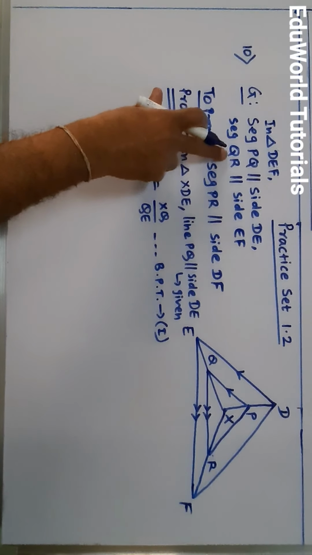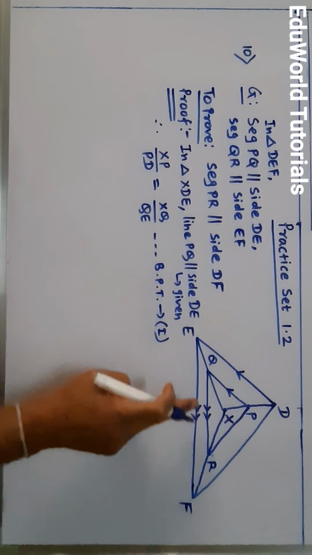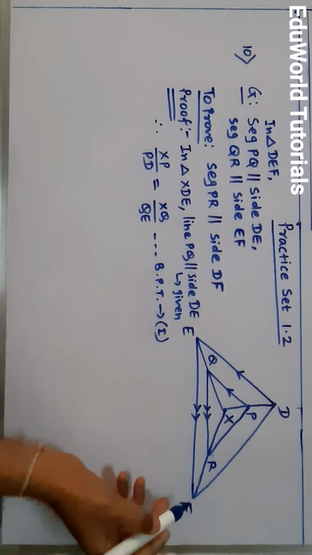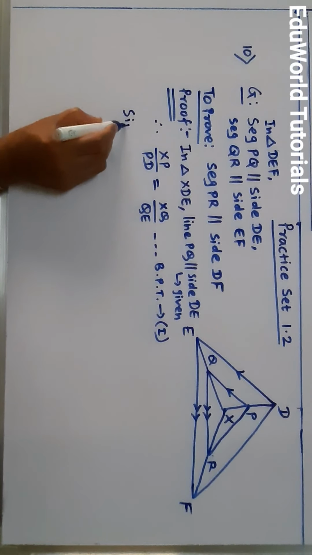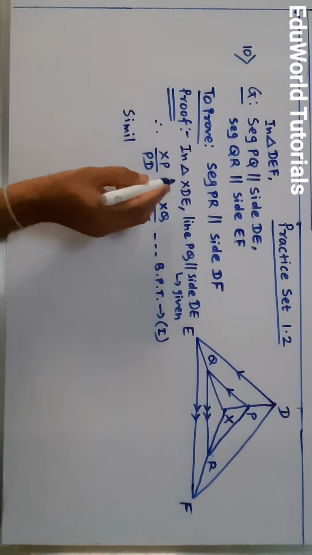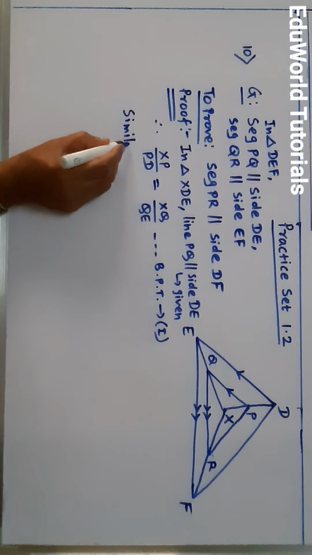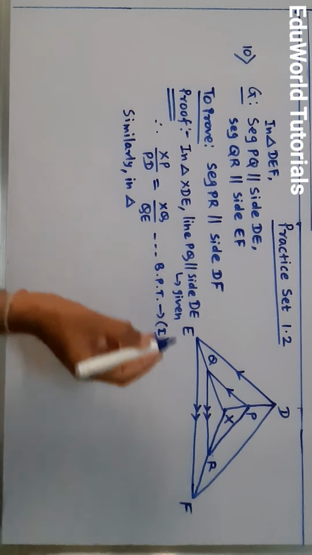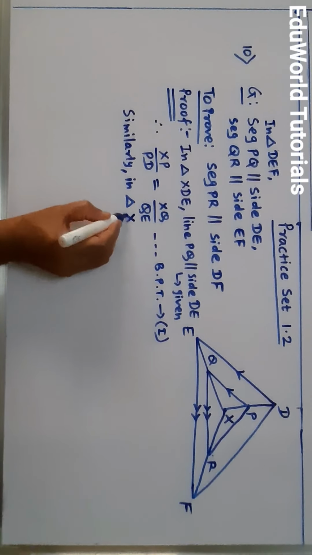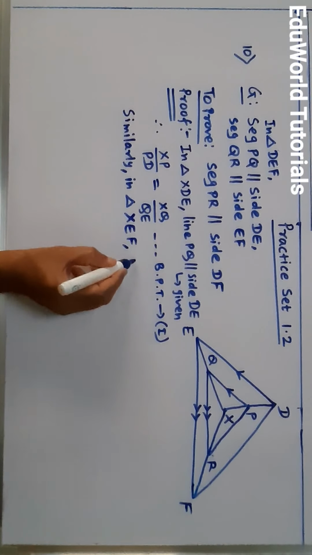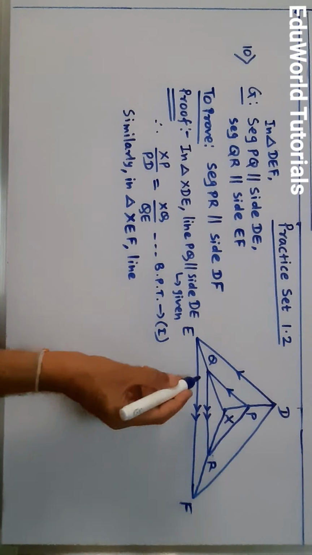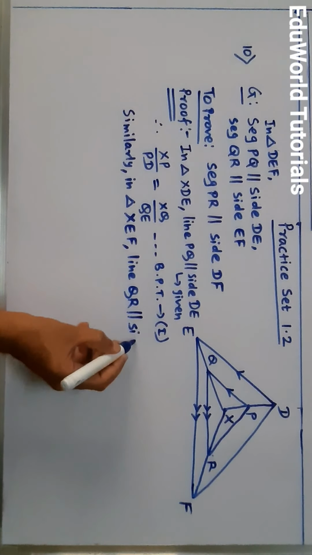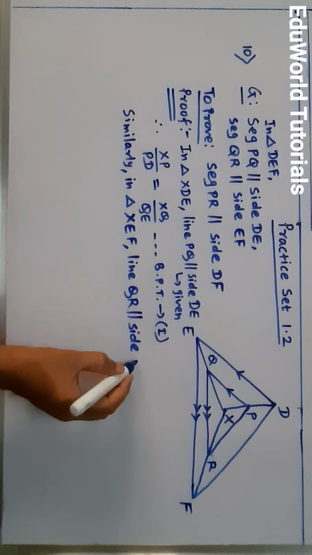Also, we are given similar information, segment QR parallel to side EF. So we will consider now triangle XEF. Similarly, we write, because both statements as we have written here will be repeated here. So similarly, in triangle XEF, what is given to us? Line QR is parallel to side EF.